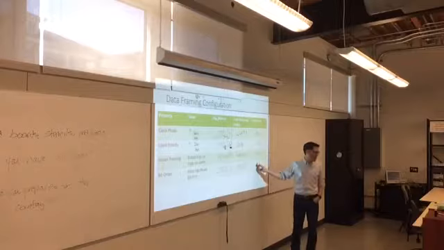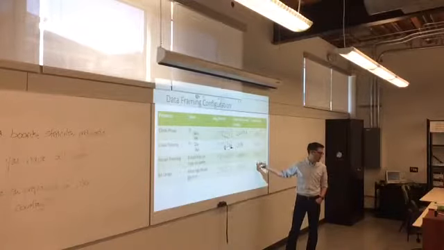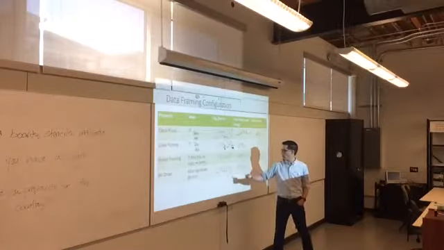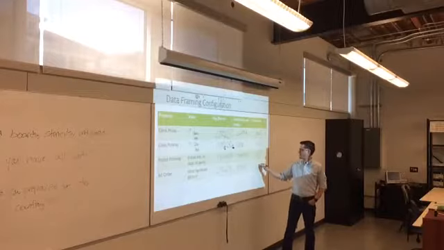Let's do this way. What's the value that I need to put in that field? 1 or 0? Here it is, number 10, SPI. And you put a 1. Okay?